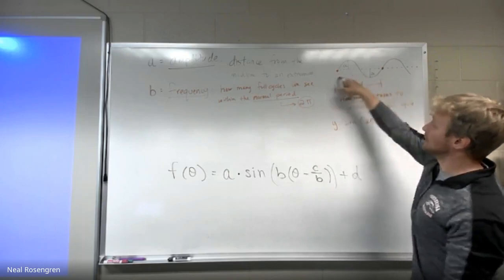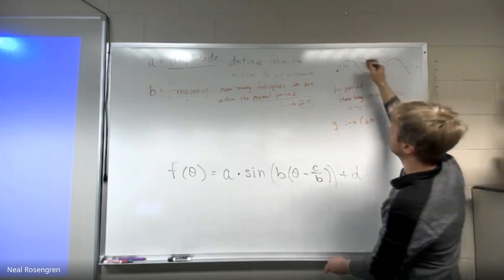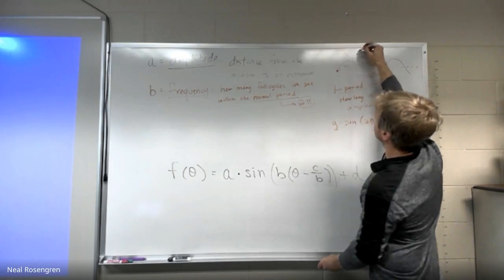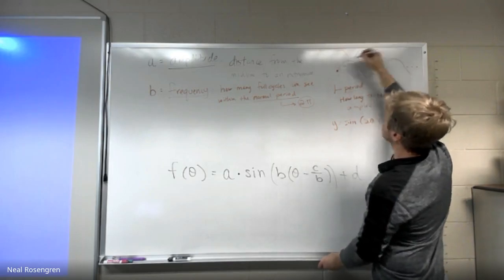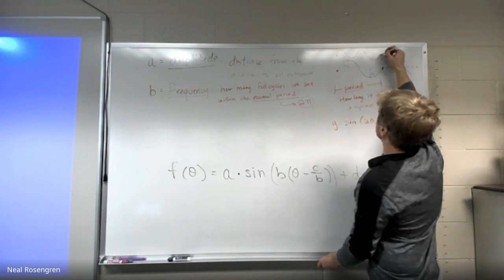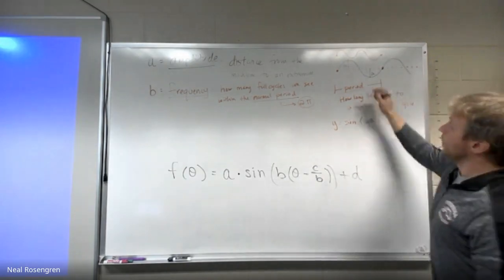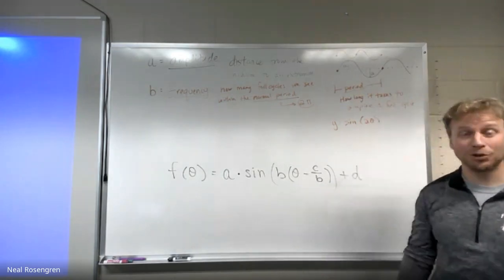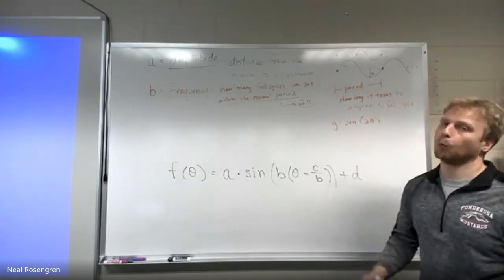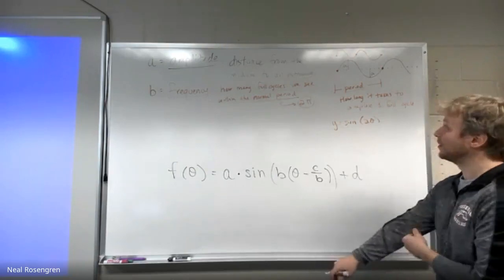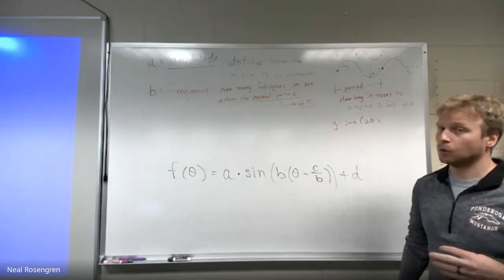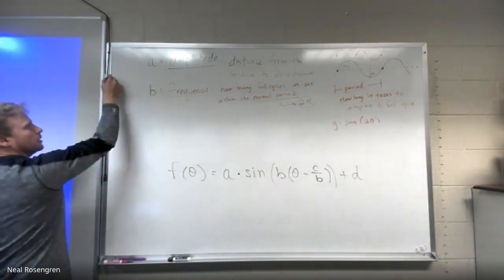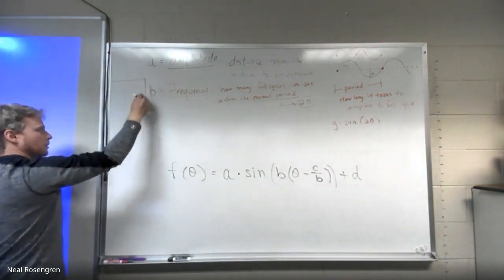And if this is my regular sine graph, what would happen with sine of 2 theta is I would see a graph that looks like this, that I would be able to get through 2 full cycles within that normal period. Okay, and obviously that then changes what the new period would be. I'm gonna come over here, just in kind of a small space right here.